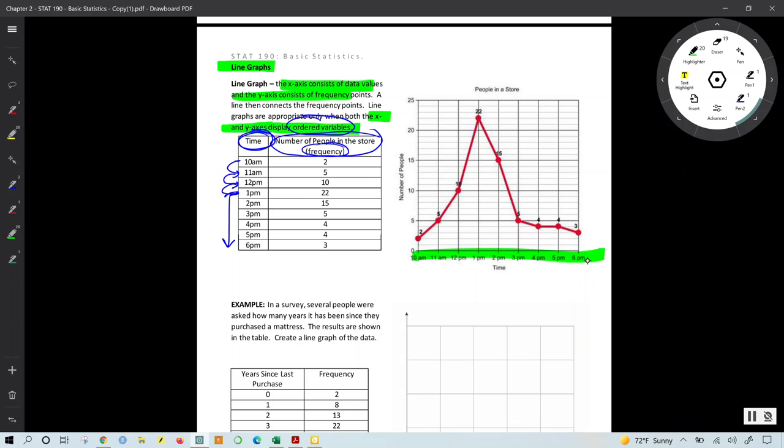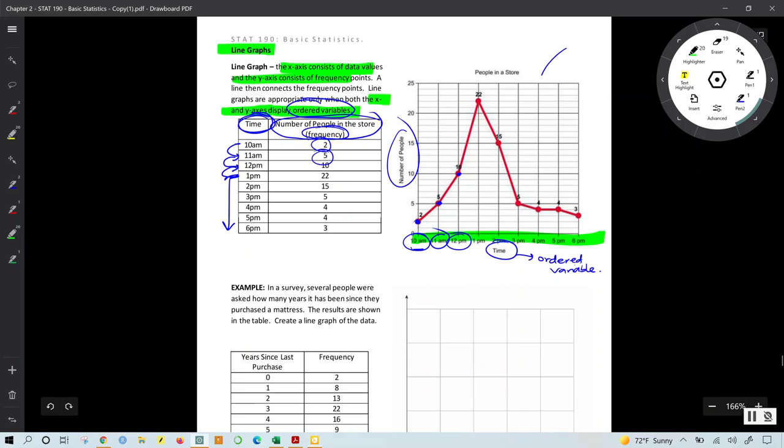So on the x-axis, or the horizontal axis, we have keyed in the time, which is the ordered variable in this case. And the number of people that are in the store at 10 a.m., which is 2, at 11 a.m., 5, at 12 p.m., 10, and so on and so forth.